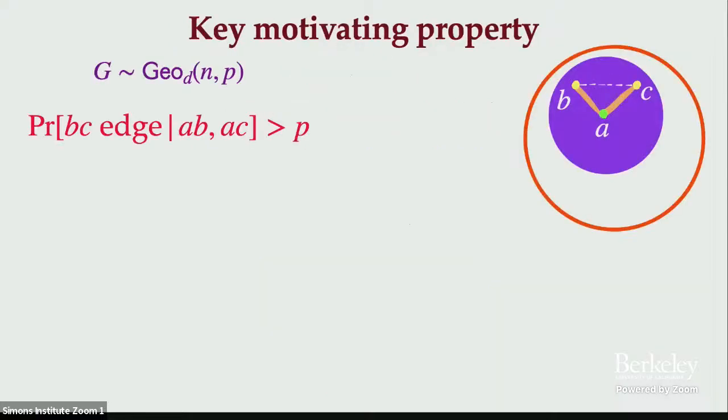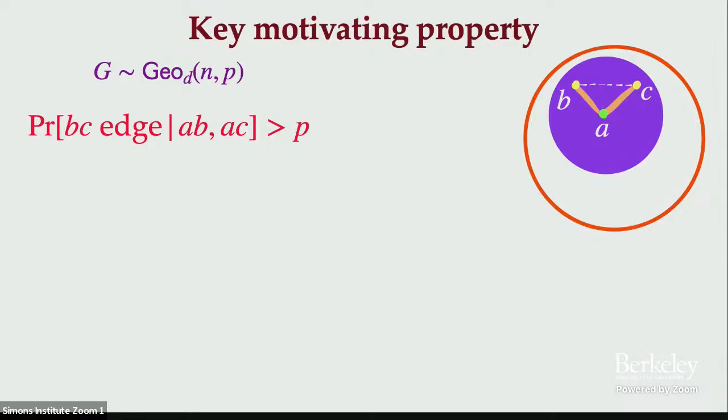Okay, why are we interested in such a model? Such a model is quite different from, let's say, the Erdős-Rényi model or even the d-regular graph model, which are usually the common models studied in many average case problems and average case constructions. The key property that's different is that this model introduces dependency between adjacent edges in the graph.